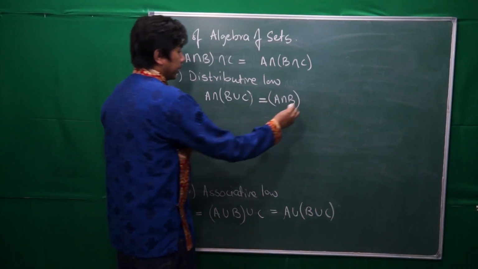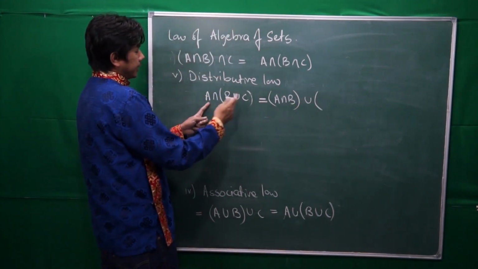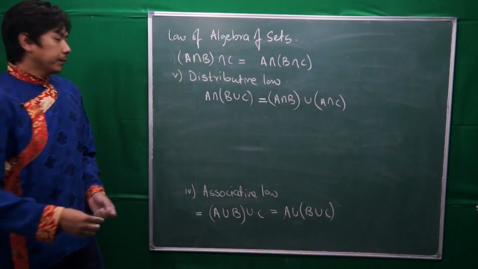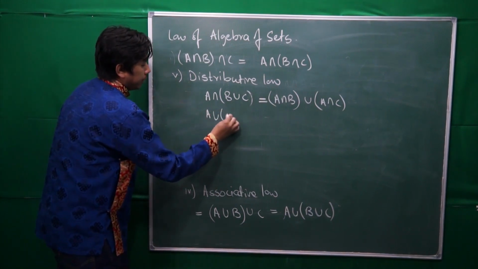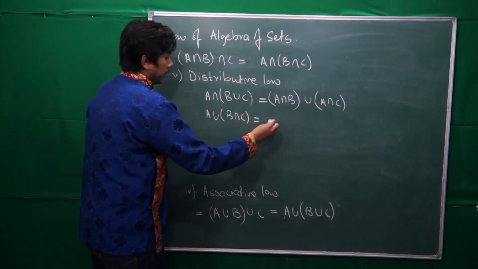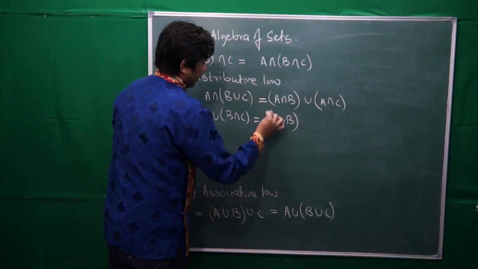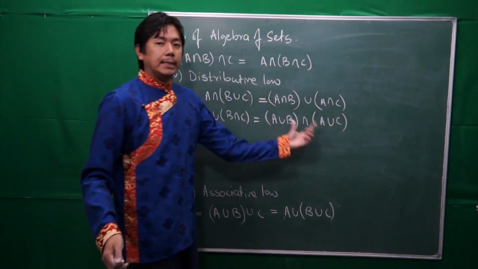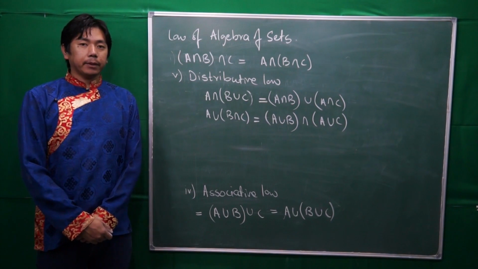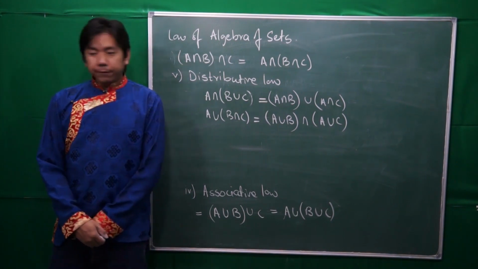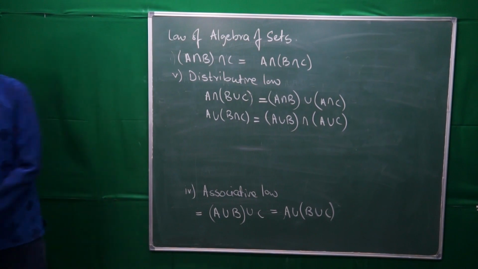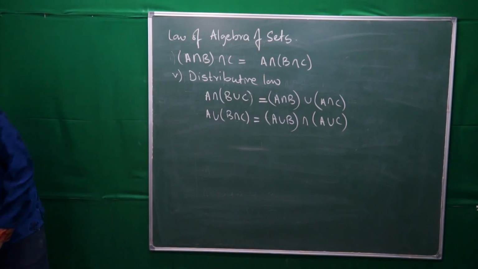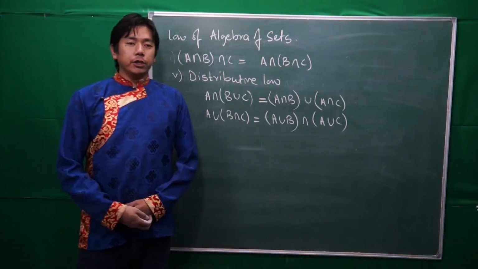What is in the center? Union bracket A intersection C. Clear? Same thing happens with the union. A union B intersection C. This would be A union B, what is in the center? Intersection A union C. Clear? Okay, so these are the 5 laws on the operations of set.